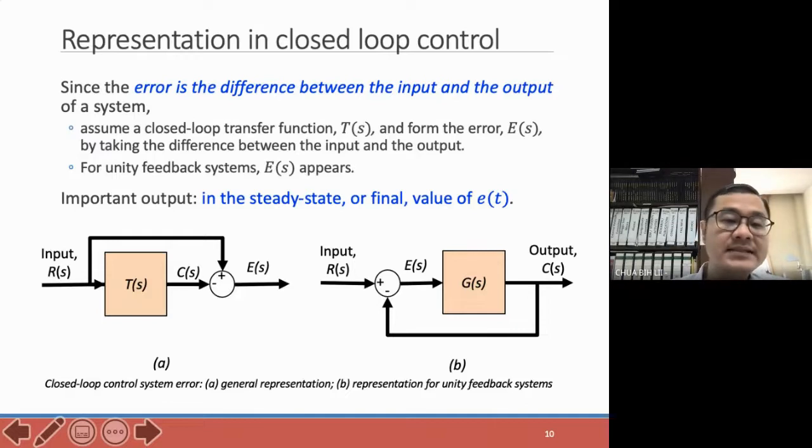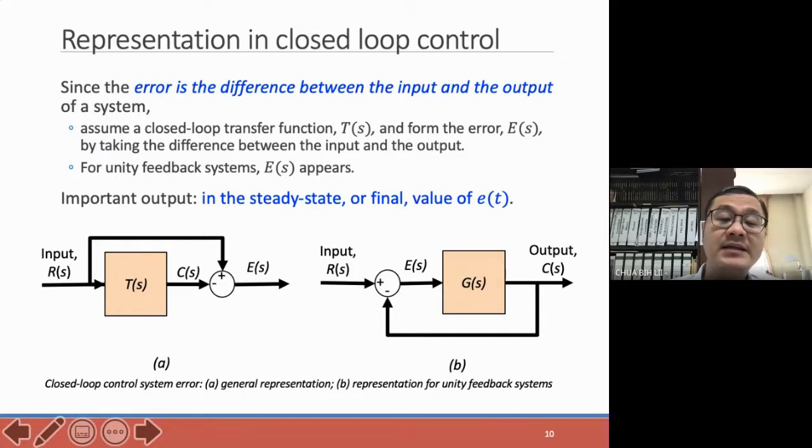So let's take this closed loop control. There can be a forward type, where we put the transfer function as T(s), the input goes in, and we do the comparison right after the output of the transfer function.